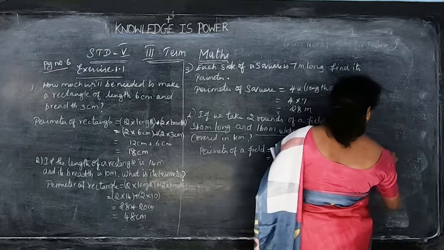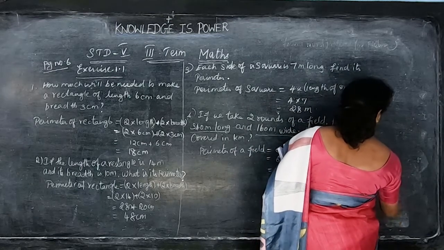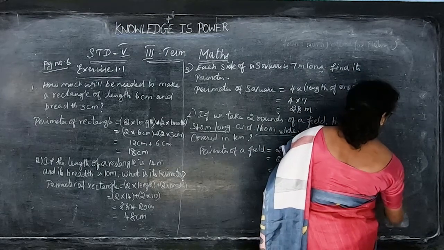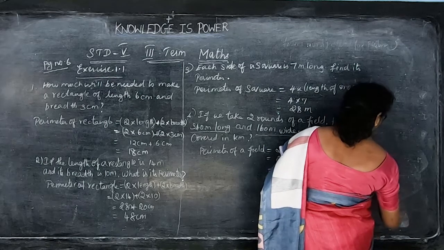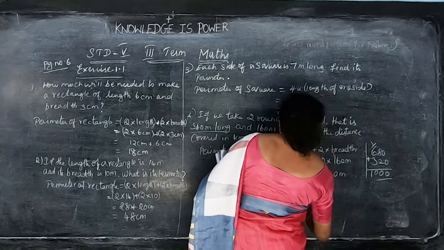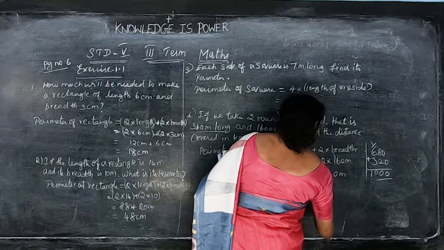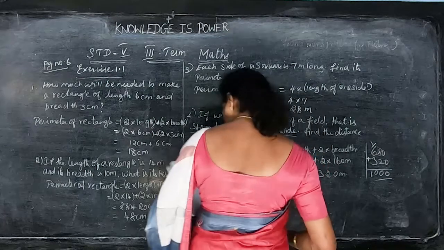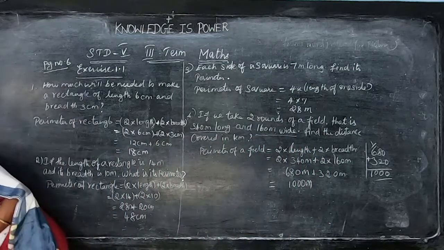So 680 plus 320 meter, you will get 1000 meter. Okay, so this is the answer for this.